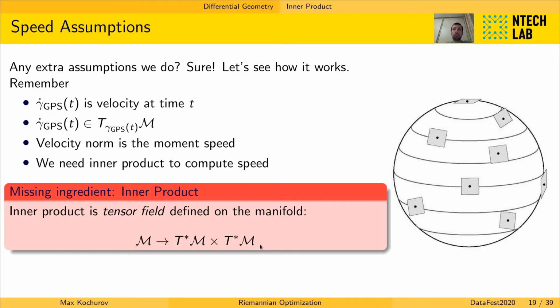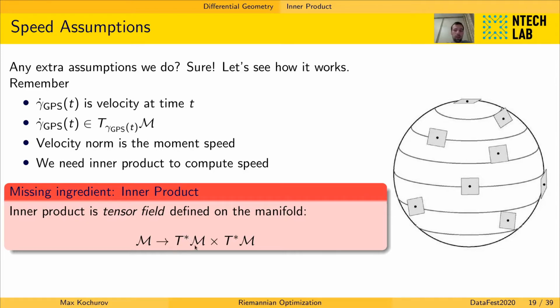A function that takes vectors from the tangent space and gives a number is called a covector. Covector plus vector is scalar. A covector is described with a star. So if you see a star, it's a covector.